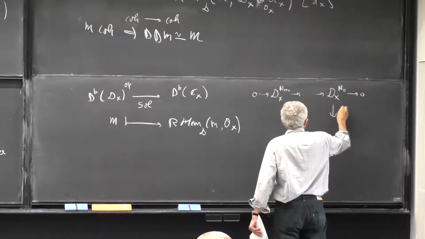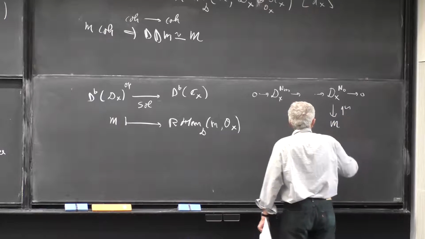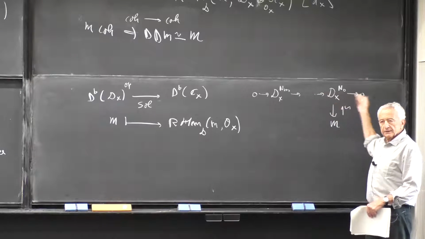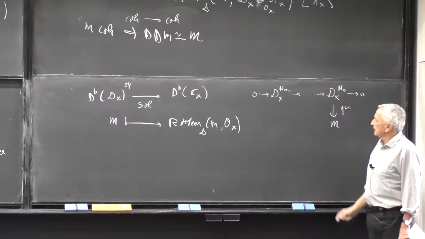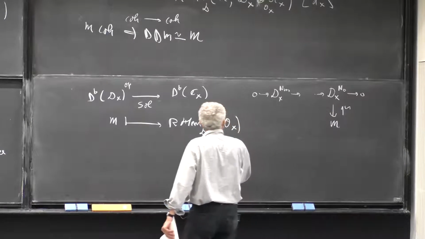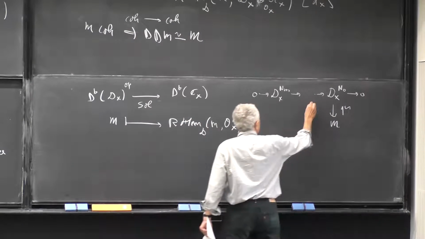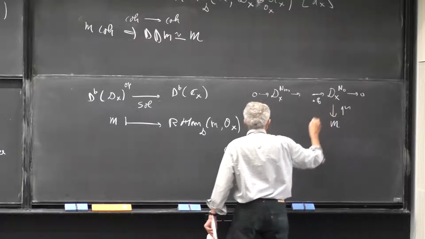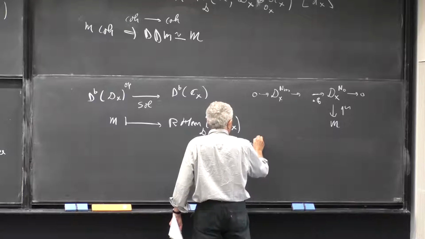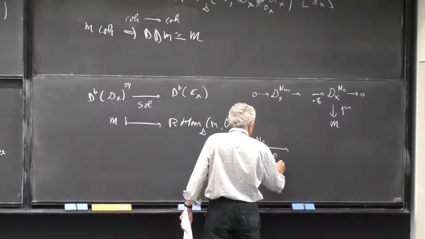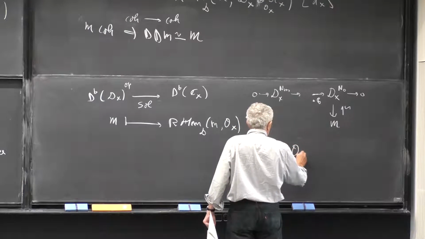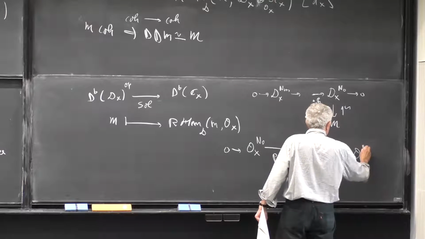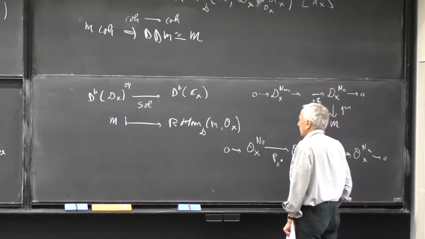Quasi-isomorphic to M means that I have an exact sequence. In this case, this complex will be, with P0 acting on the right, then OX power N0, P0 acting on the left, OX power N1, OX power NM0.